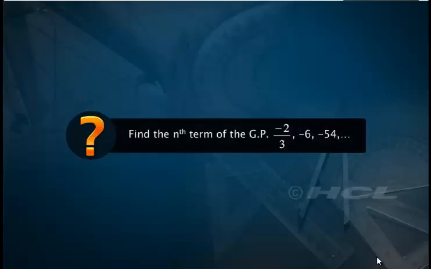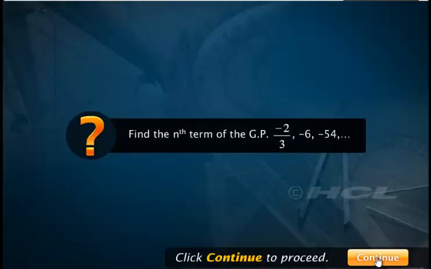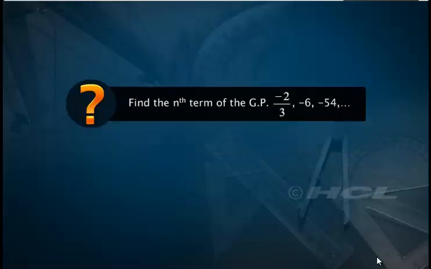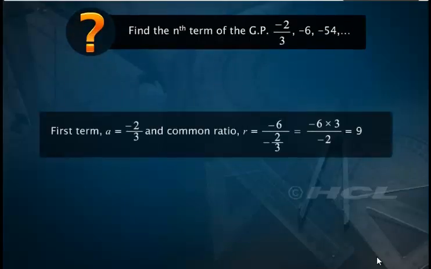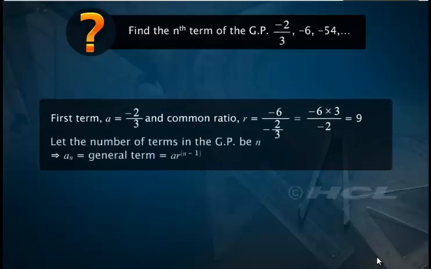Now find the nth term of the given geometric progression. In the given GP, the first term A equals minus 2 over 3 and the common ratio R equals 9 as shown. Let An be the nth term of the given GP.